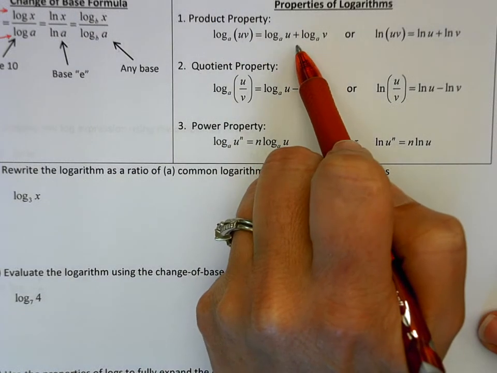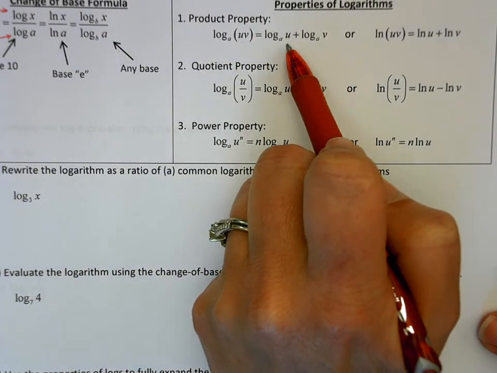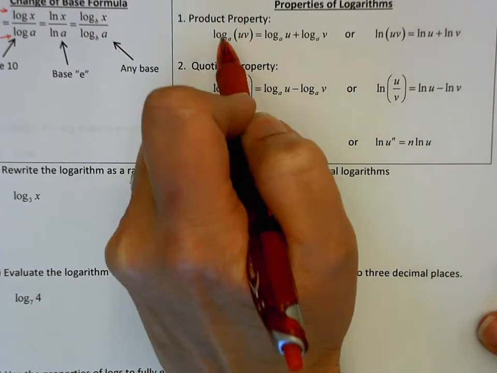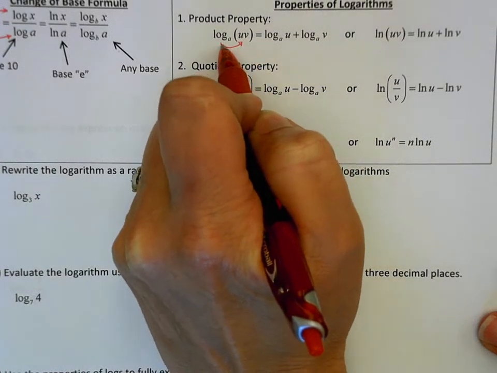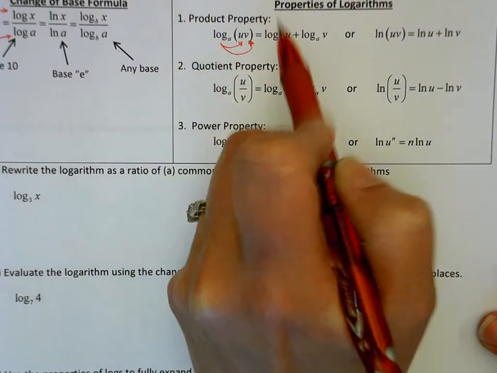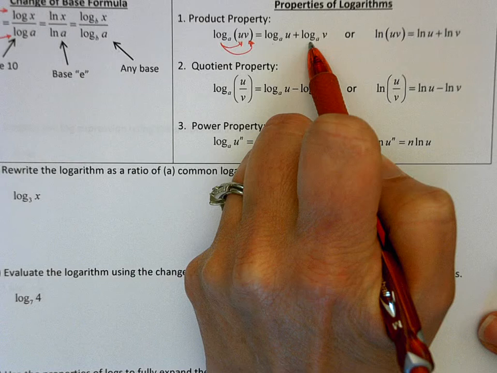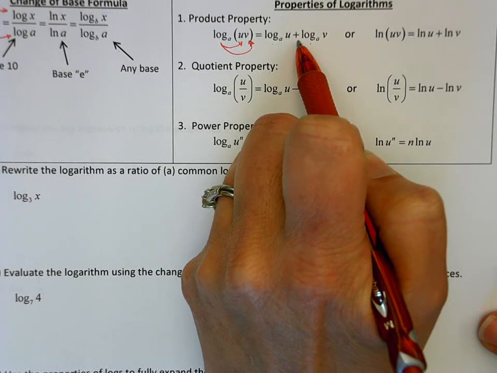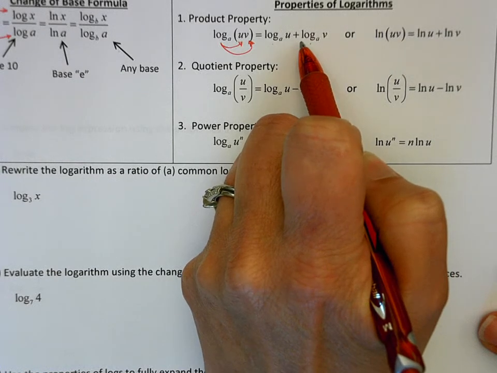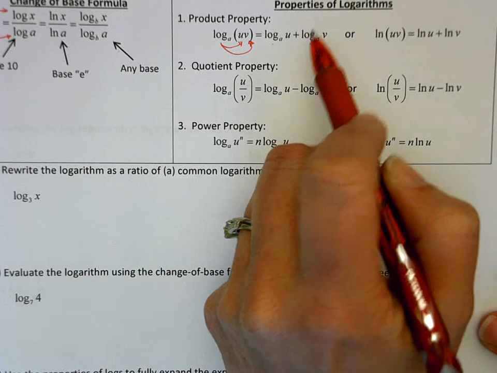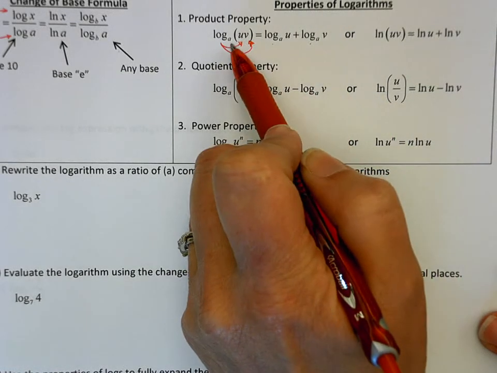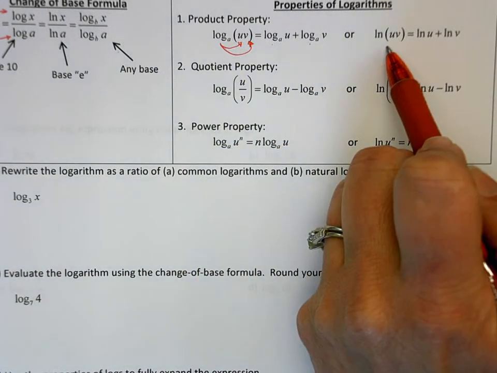I can do that by separating them through addition. If I assign the logarithm to the u and also to the v, they can each get their own logarithm as long as I split it by addition. And it really doesn't matter what base the log has, including a base e.